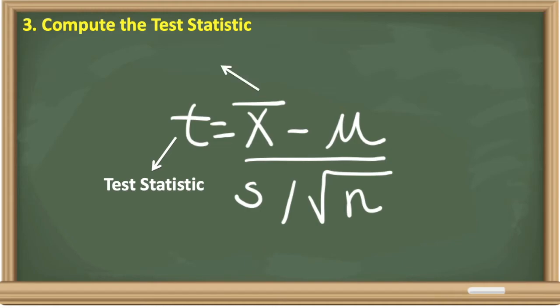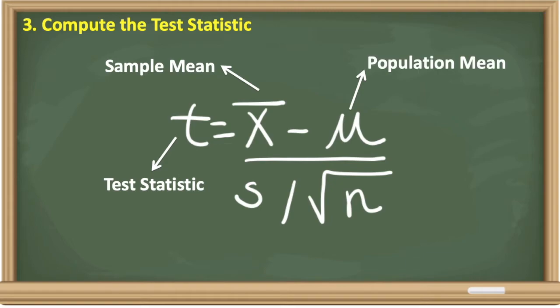Next, we have X bar, and you're probably familiar with this. The X bar usually refers to an average, and it does here. This is going to be our sample mean, or our sample average. And this Greek letter mu in lowercase form here represents our population mean.